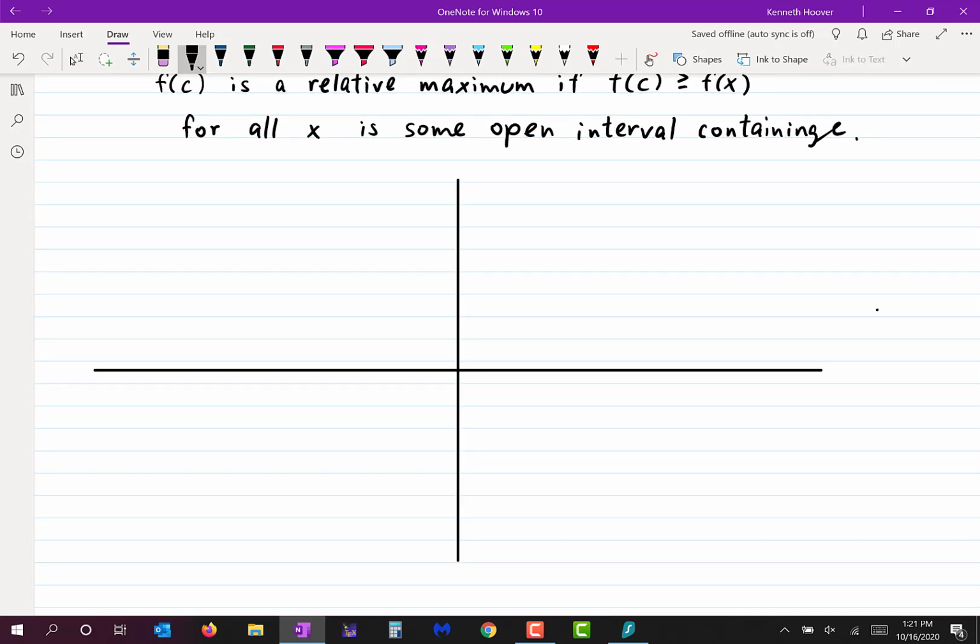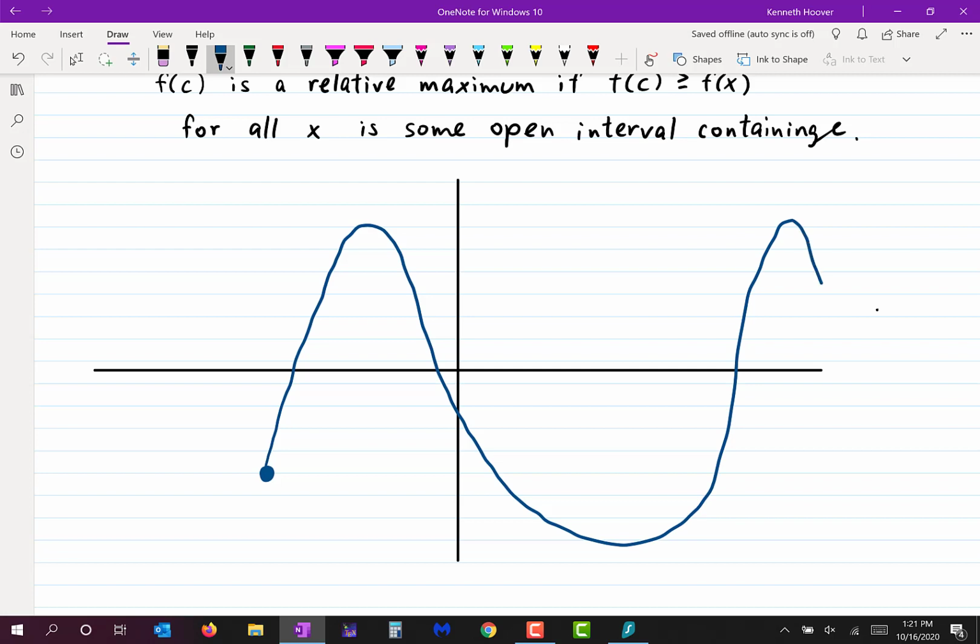Okay, so suppose that f, when you graph it, looks something like this. I hope this doesn't erase the whole thing.